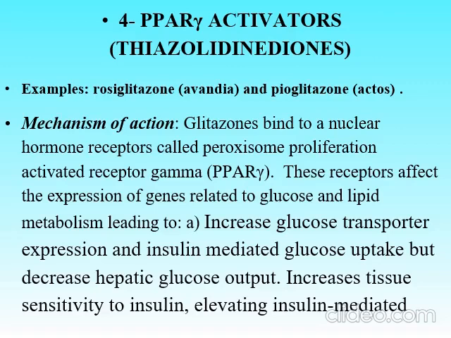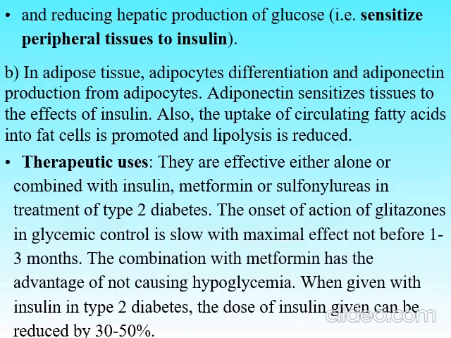These receptors affect the expression of genes related to glucose and lipid metabolism, leading to increased glucose transporter expression and insulin-mediated glucose uptake, increased tissue sensitivity to insulin, and reduced hepatic production of glucose.